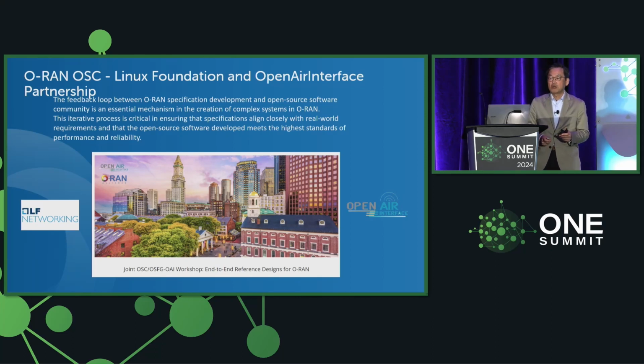It also makes sure that the software we develop is high performing, reliable, and secure. By continually matching our technical work in various working groups with insights coming from the open source community, we ensure our progress in O-RAN technology is solid, effective, and meets all the market needs.